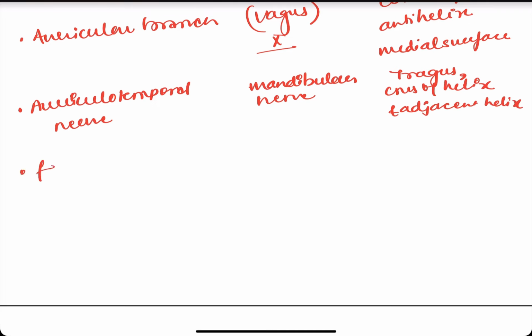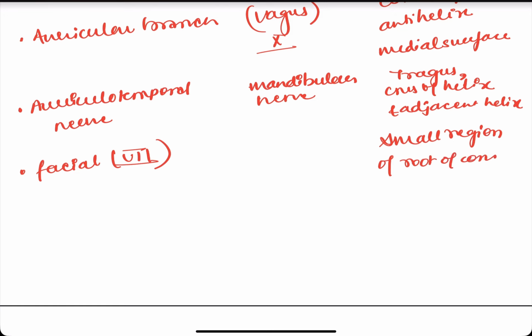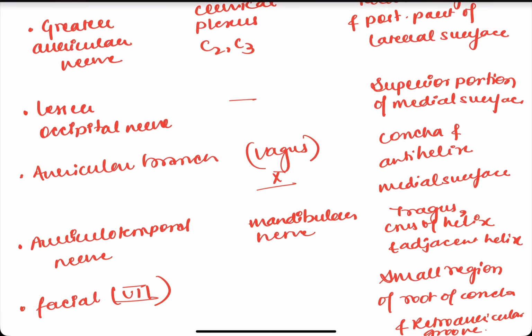Next is the facial nerve, which is our 7th nerve. It supplies a small region of the root of the concha and the retroauricular groove. So first we have to learn about the nerves that supply the external ear.